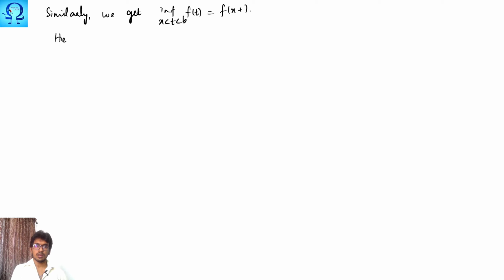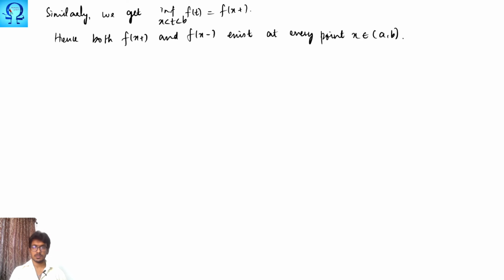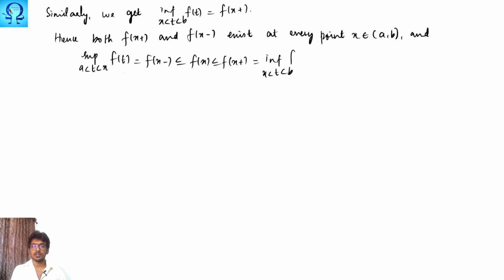Hence, both f of x plus and f of x minus exist at every point x in (a, b). The supremum over a less than t less than x of f of t is f of x minus, this is smaller than or equal to f of x, and this is smaller than or equal to f of x plus, and this is going to be the infimum over x less than t less than b of f of t.